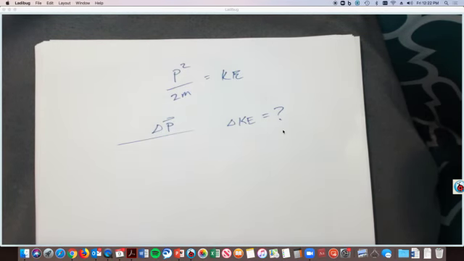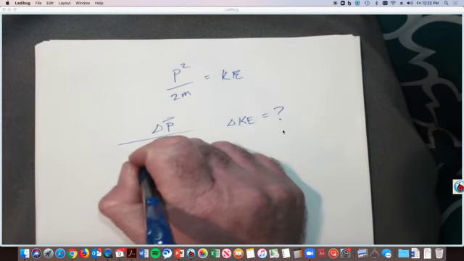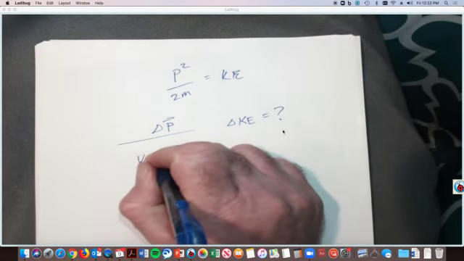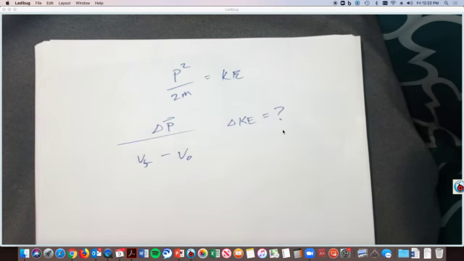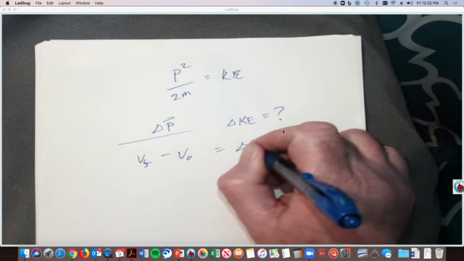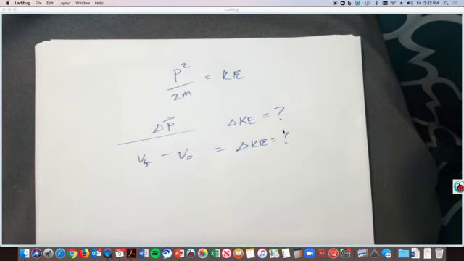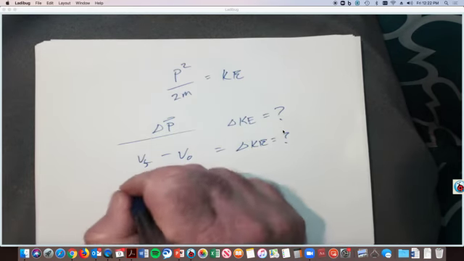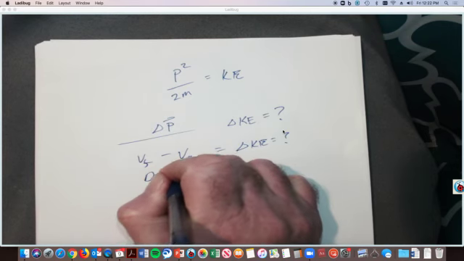And then at the very end of the lecture, which is so great, I said, be wary of when there's a change in velocity, when you've got a v final minus v initial, and you're asked what is the change in kinetic energy. Be careful.